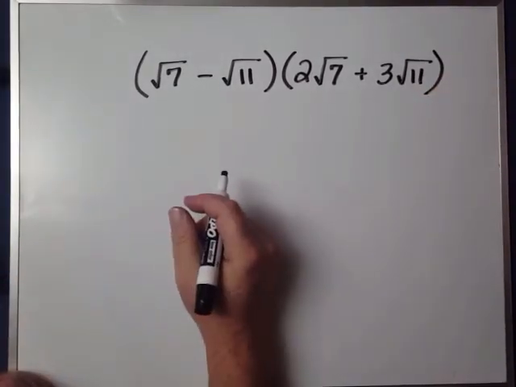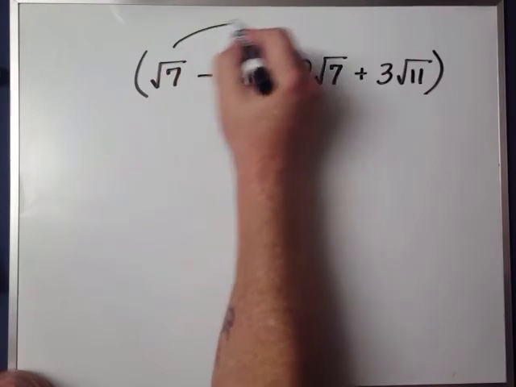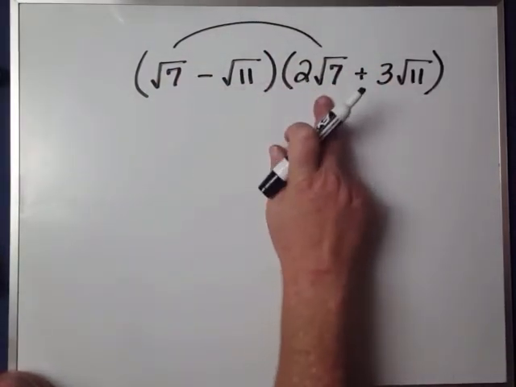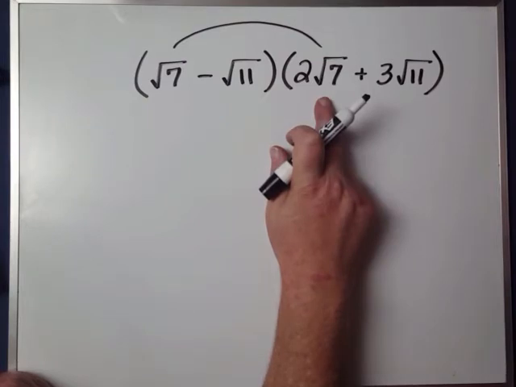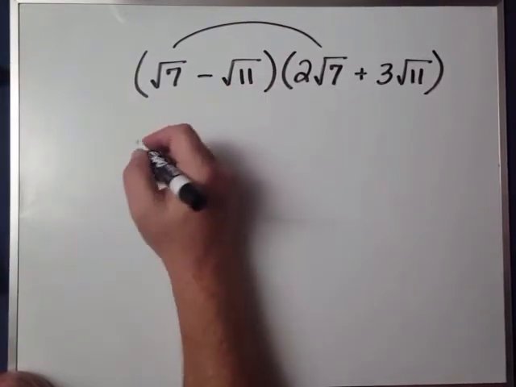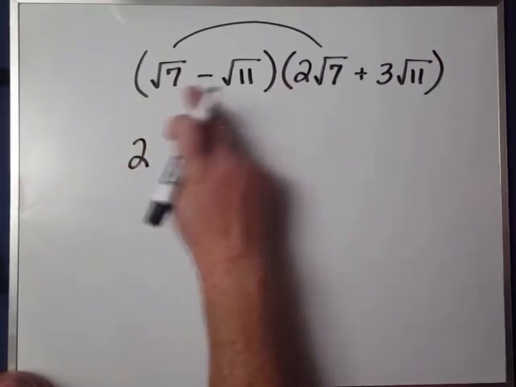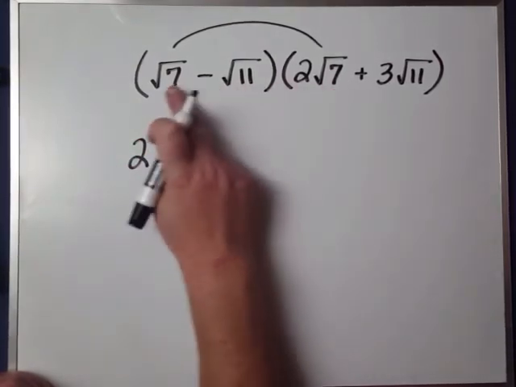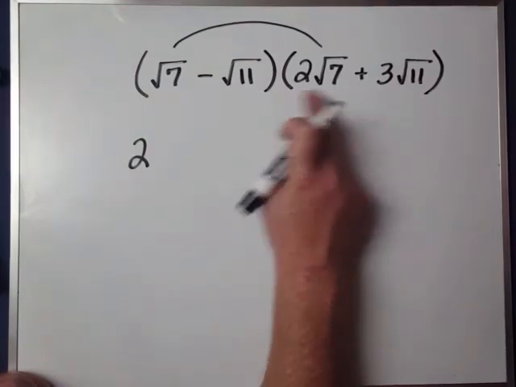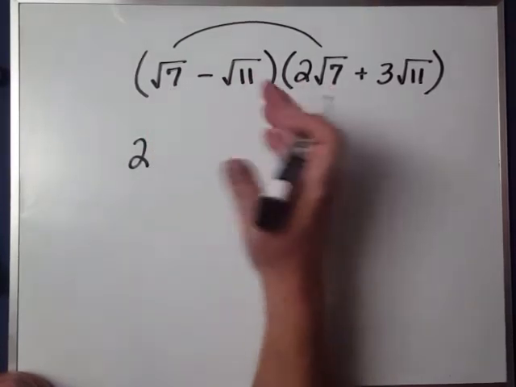We're going to FOIL this, and so product of the first, square root of 7 times 2 square roots of 7. The 2 is an outsider, and the 7's are both insiders. Square root of 7 times itself, though, is what? Square root of 7 times square root of 7 is just 7.